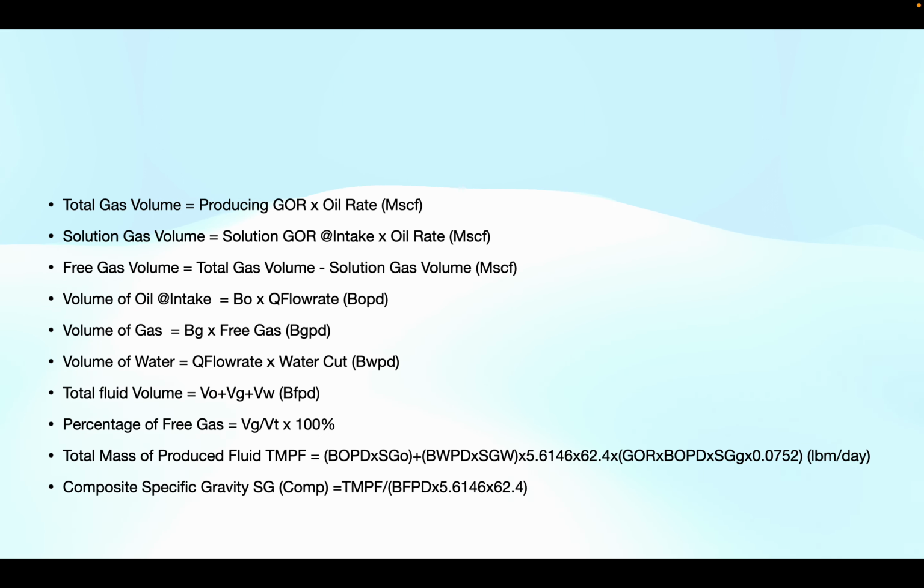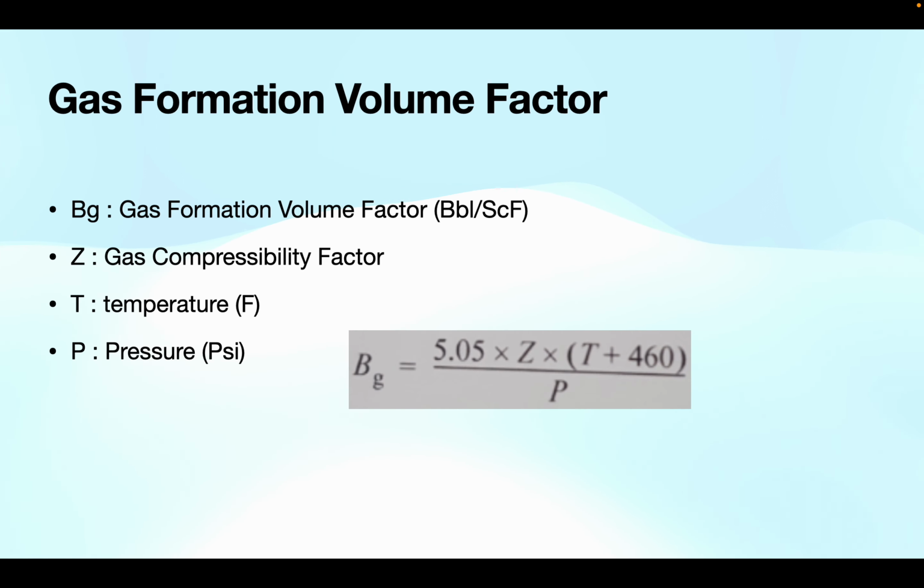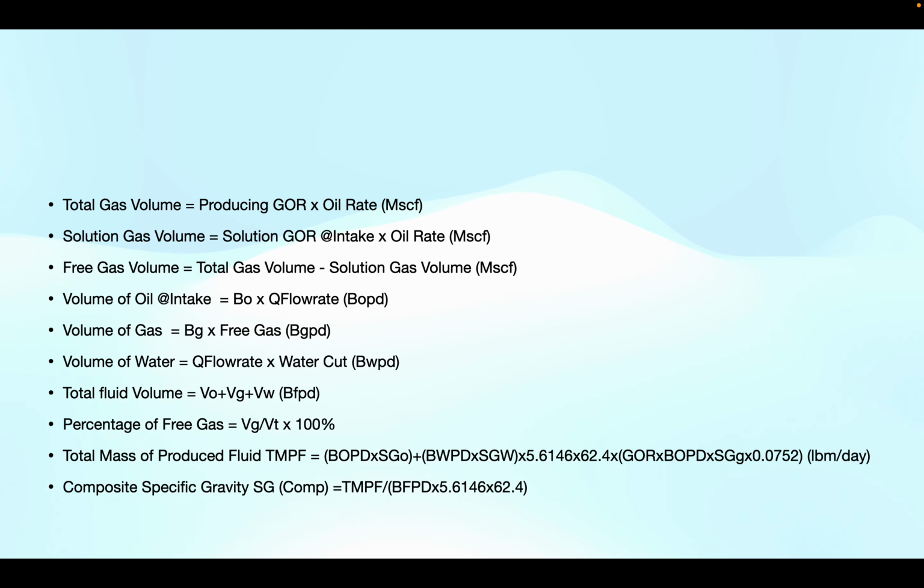And this is the gas formation volume factor multiplied by free gas. Volume of water is flow rate multiplied by water cut. Total volume is volume of oil plus volume of gas plus volume of water.